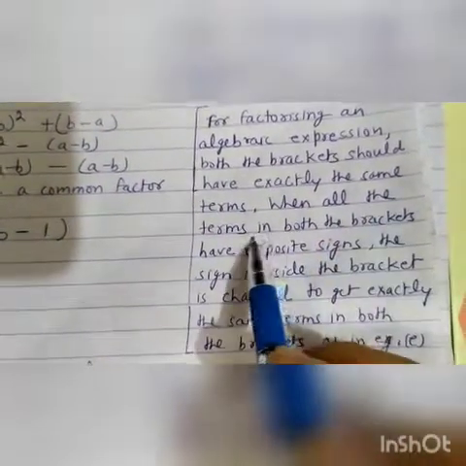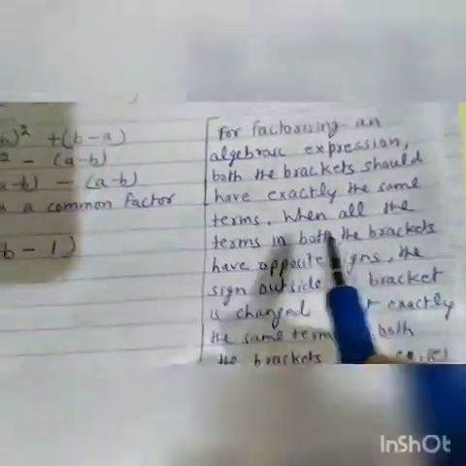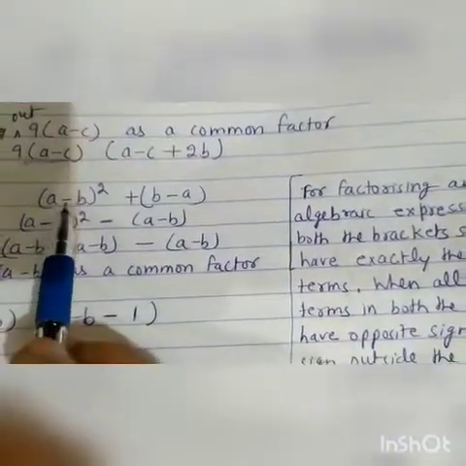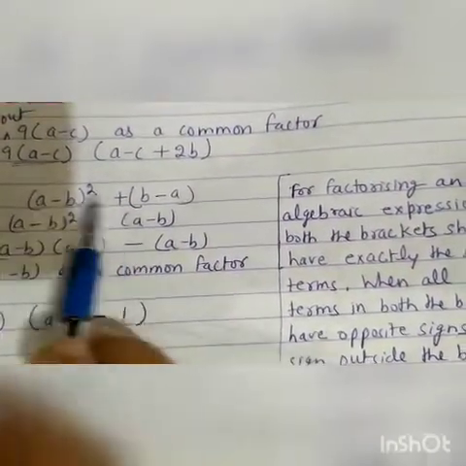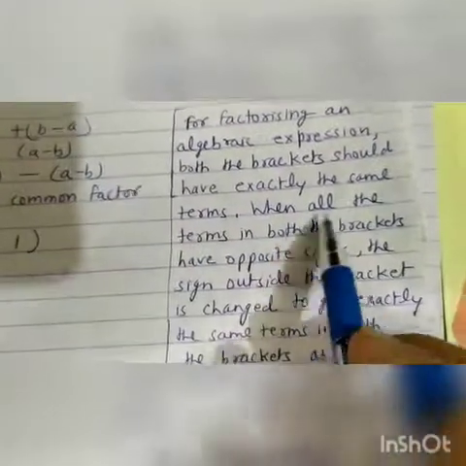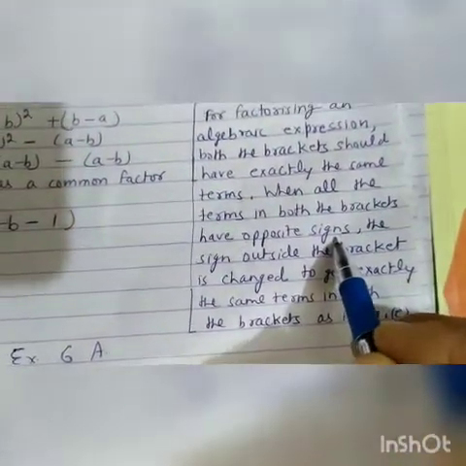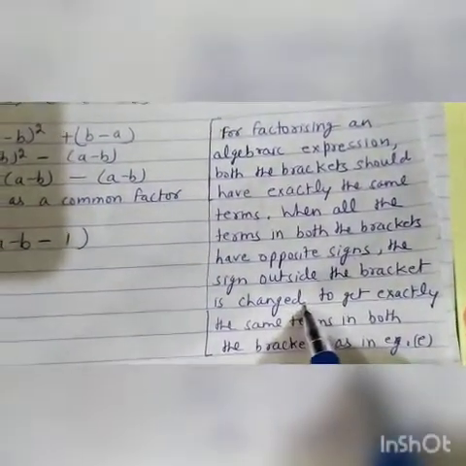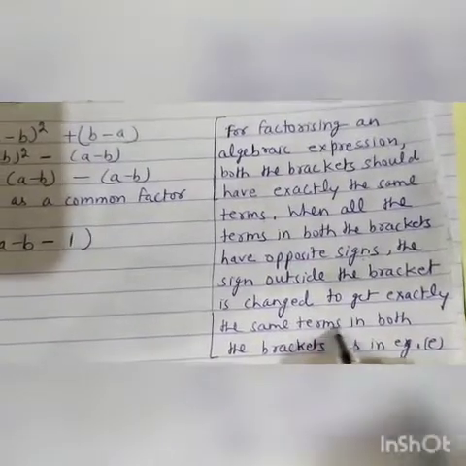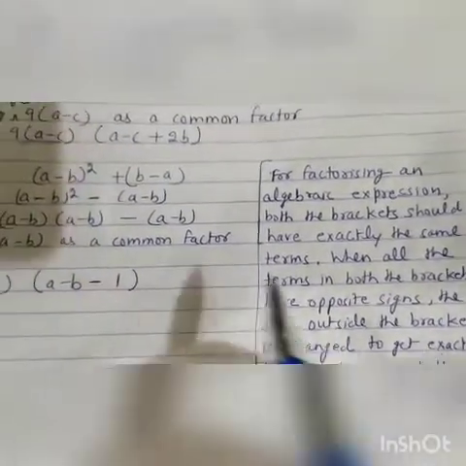When all the terms in both the brackets have opposite signs, as in this case, the sign outside the bracket is changed to get exactly the same term in both the brackets, as in example E.